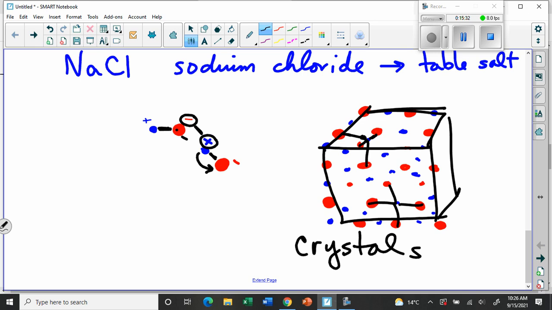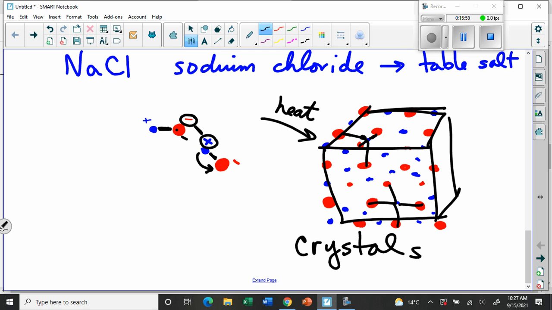If you want to melt salt, don't confuse melting with dissolving. When you put salt in water, it dissolves. That's not melting. But if you want to melt salt and get liquid salt, you have to apply heat. And if you apply heat to a crystal, remember in grade 9 you learned that all these little particles of matter are jiggling around a little bit. They're all moving.